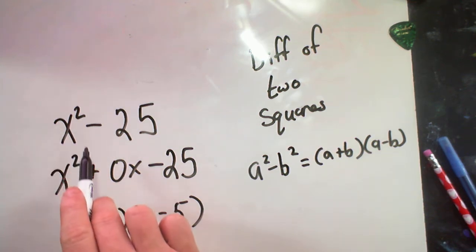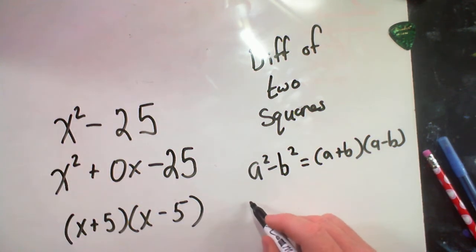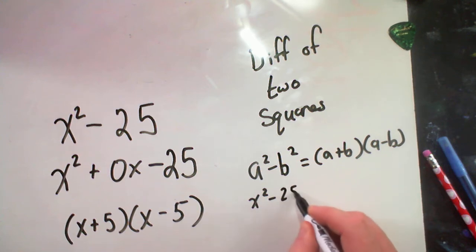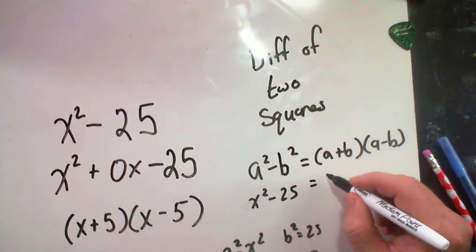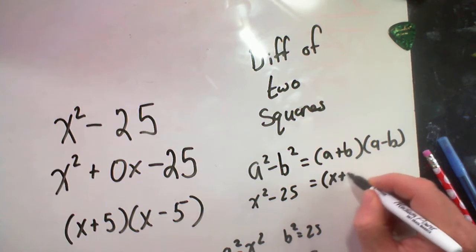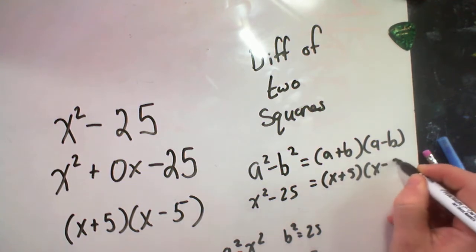So in this problem, that's x squared minus 25. A squared is x squared, which means a equals x. B squared is 25, so b equals 5. So now just plugging into that formula, you have x plus 5 times x minus 5.